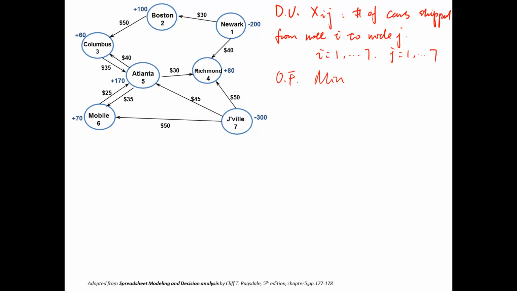One thing you need to pay attention to is don't miss any of those arcs, especially those between two nodes. The routes go by direction, and you need to include both of them there. Okay, so minimize, we'll start from here.